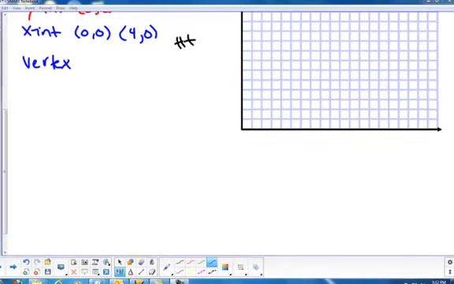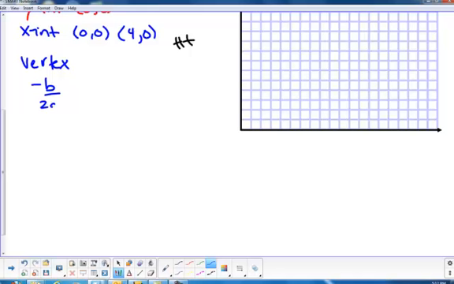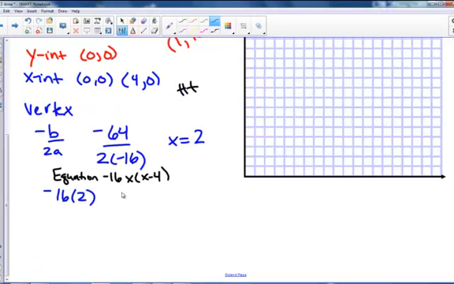All right, so now we're going to find the vertex, which is negative b over 2a. So that is negative 64 over 2 times negative 16. So the line of symmetry is 2. If you plug 2 in, negative 16 times 2 minus 4, that is negative 32 times negative 2.